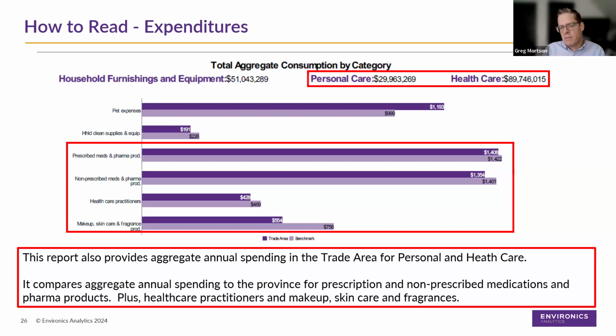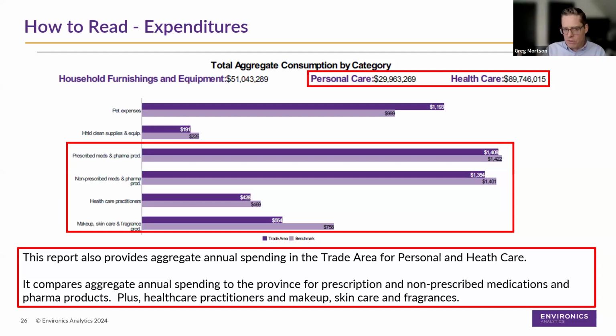So you can see that across the board, it's a bit lower than your benchmark, which is the rest of Ontario. You could see, for example, makeup, skincare, and fragrance products quite a bit lower than what we're seeing on average for the rest of the province. So again, these are different categories.